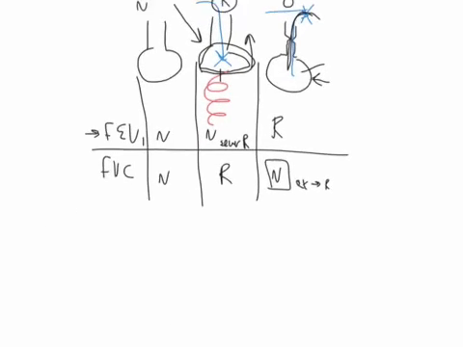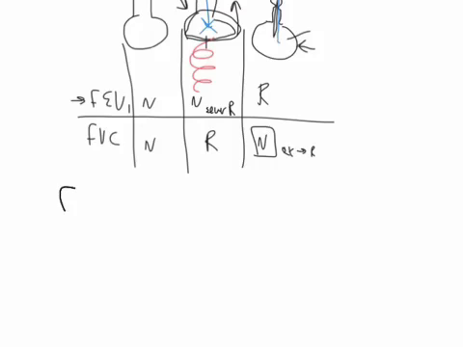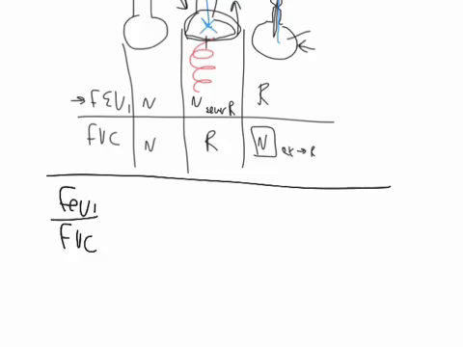Now let's talk about the ratio. The FEV1 to FVC ratio, this is the moneymaker right here, whenever we get all of this other stuff figured out. The FEV1 to FVC ratio in a normal person is normal.